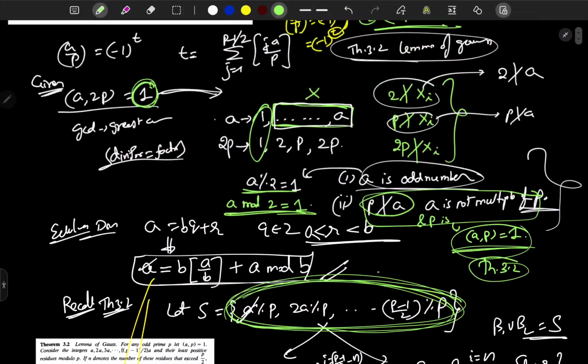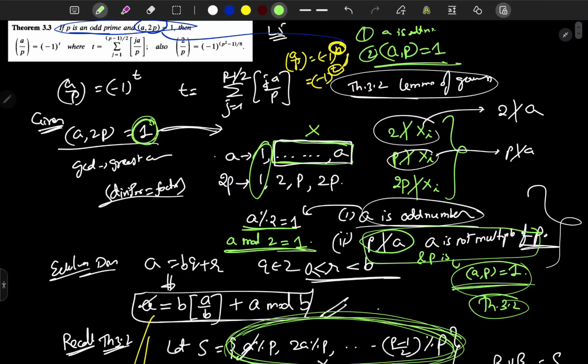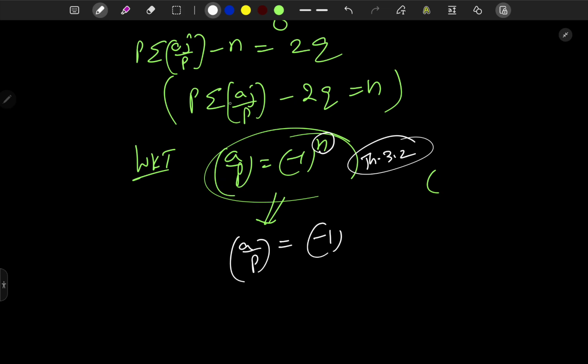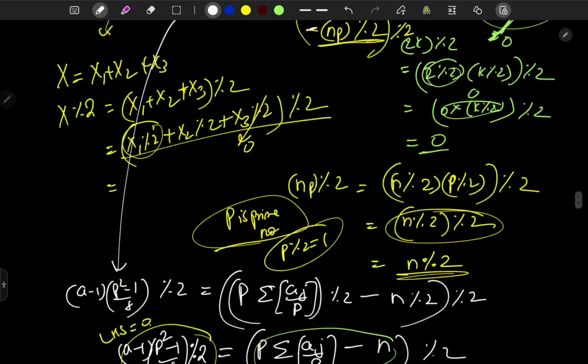Because we have clearly shown that from this point I can arrive at these two. After that, this is by theorem 3.2. So in place of n, I can write exactly this value: p into sigma aj by p minus 2q. So this can be written as p into sigma. They are saying take this value as t.